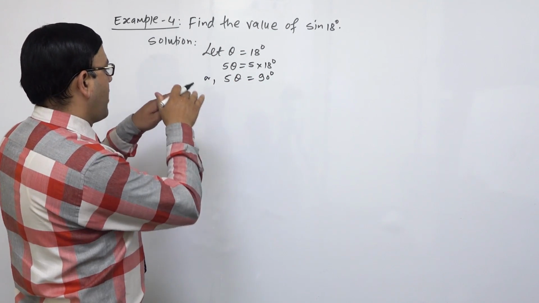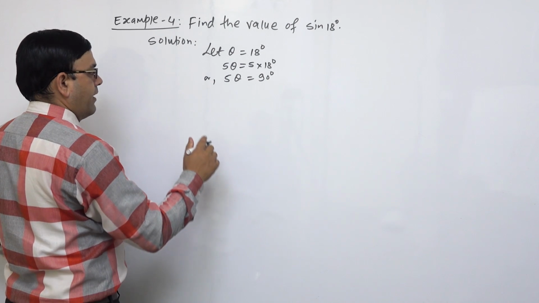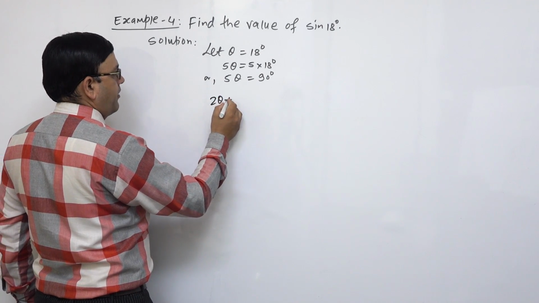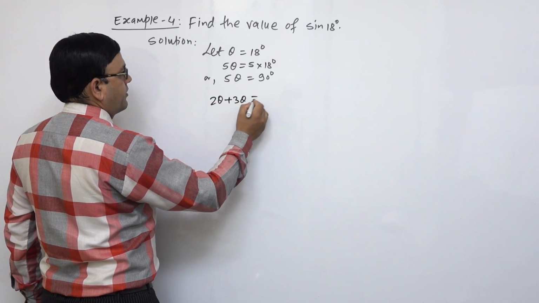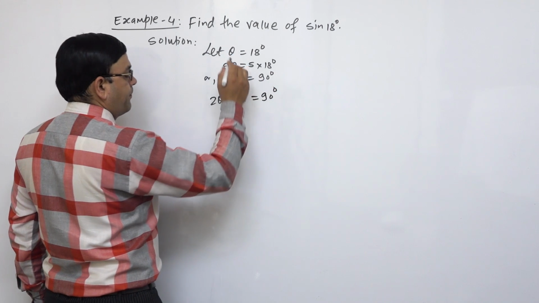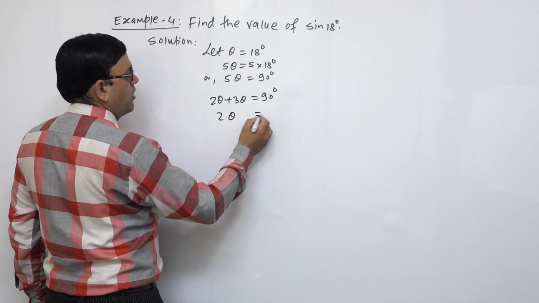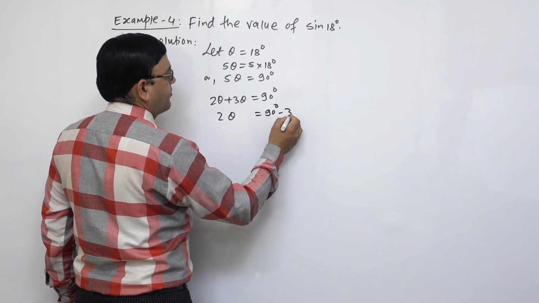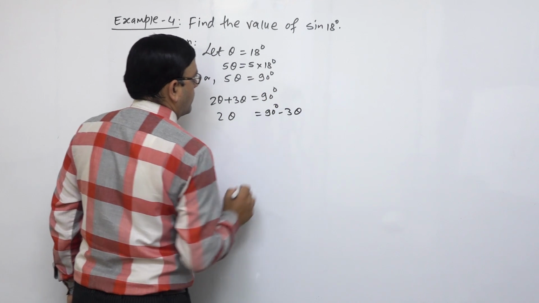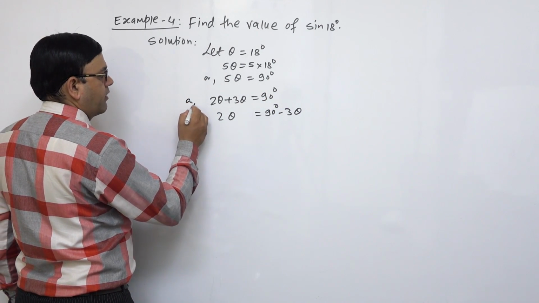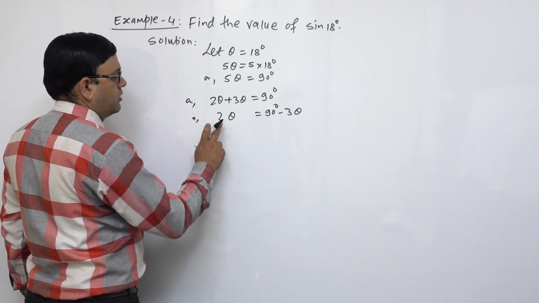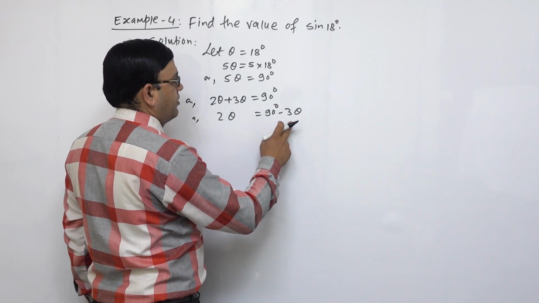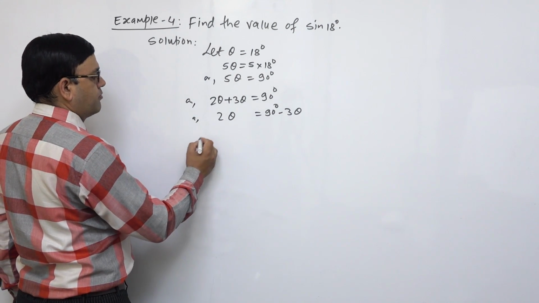Let's break 5 theta like this: 2 theta plus 3 theta is equal to 90 degree. So 2 theta is equal to 90 degree minus 3 theta. We can take sine on both sides.